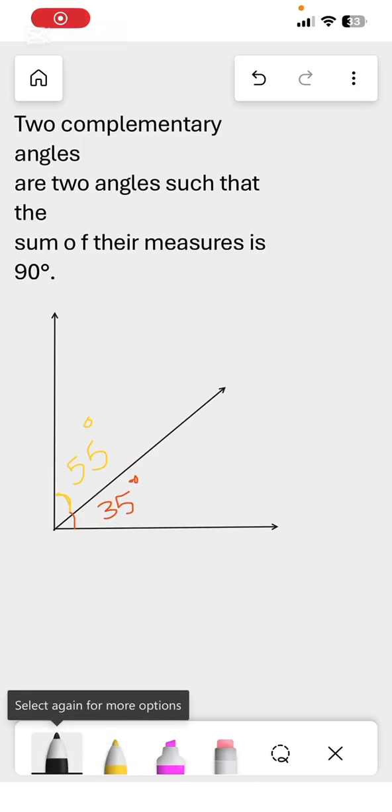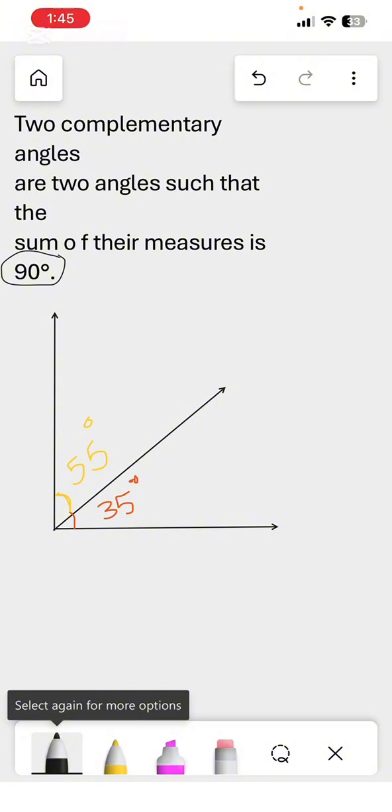We have another type of angle that is called complementary angle. Two angles together would be complementary angles if their sum measures 90 degrees, always. For example, if you look at the figure, we have two angles, the orange angle, which is 35 degrees, and the yellow angle, which is 55 degrees.